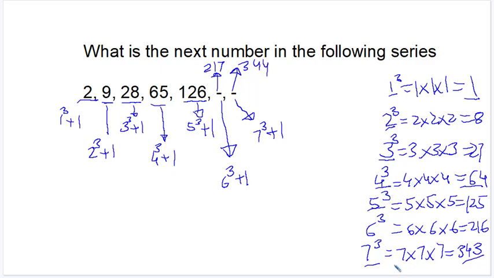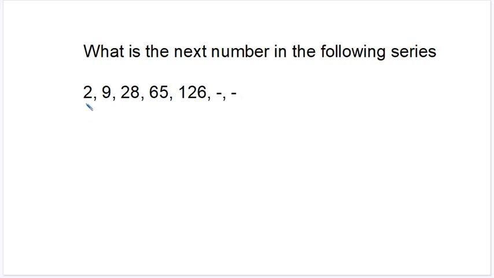If you are not comfortable with cubes, then in that case, you can work with the differences. 9 is 7 more than 2. 28 is 19 more than 9. 65 is 37 more than 28. 126 is 61 more than 65.